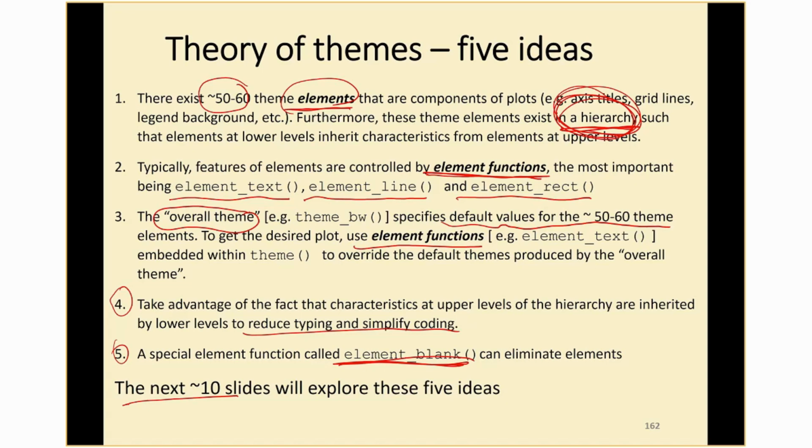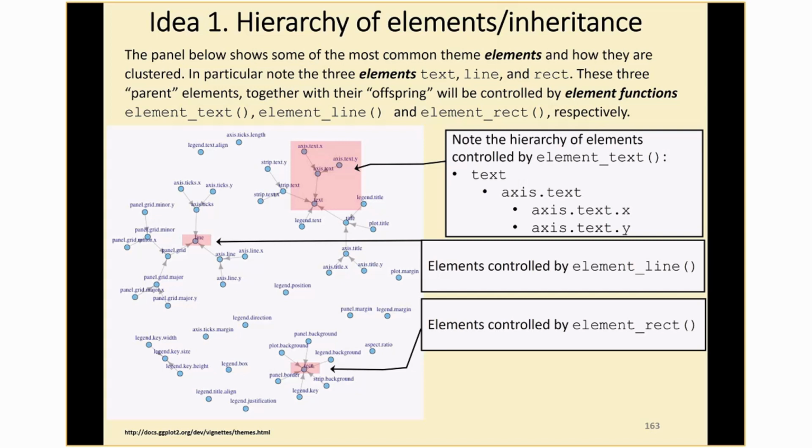So the first idea is that there is a hierarchy of elements, and also linked with it this notion of inheritance. So here we see right here a cluster of elements.